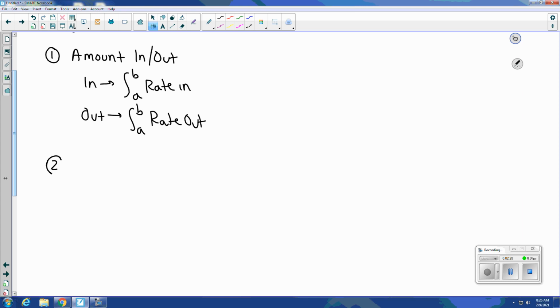The second thing we want to be able to do is determine whether the total amount at some time is increasing or decreasing, or maybe we want to calculate along what interval is the amount increasing or decreasing. Either way, this requires a comparison.